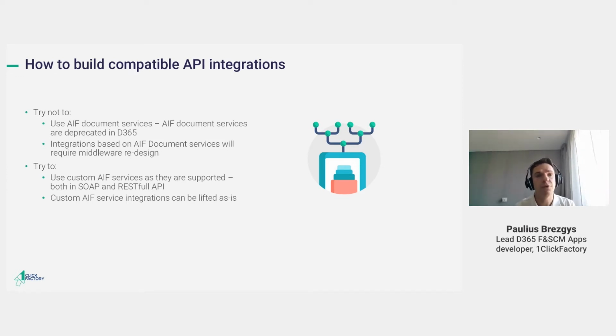They require more time to build, that's for sure. But other than that, they are usually faster because they don't have the whole massive framework behind them. So they are better performing. They are usually straight to the point. And they are still compatible with Dynamics 365. So that's about the API integrations.